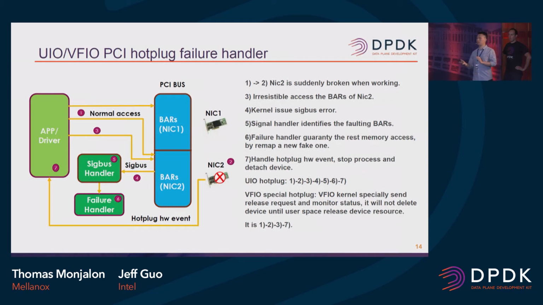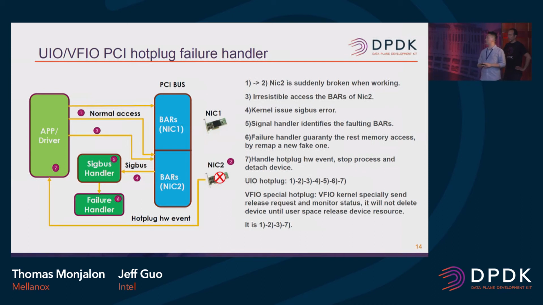If it finds it is a generic SIGBUS error, it will call the generic, default SIGBUS handler. But if it finds it is a BARs SIGBUS error, it will call the memory failure handler. The memory failure handler will guarantee the remaining memory accesses are safe.